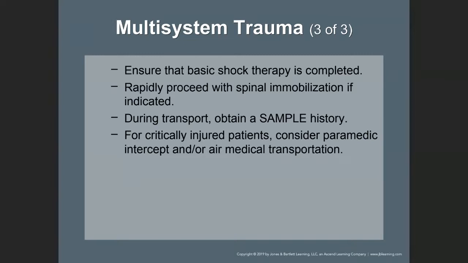And it can be bolus administration, incremental. So ensure that basic shock therapy is completed. Rapidly proceed with spinal motion restriction if it is indicated. During transport, obtain sample history. For critically injured patients, consider paramedic intercept or air medical transportation.